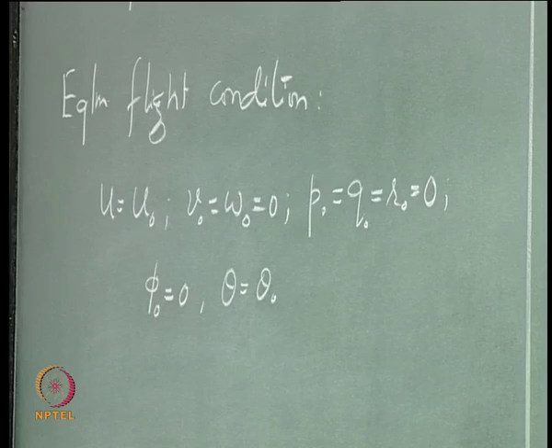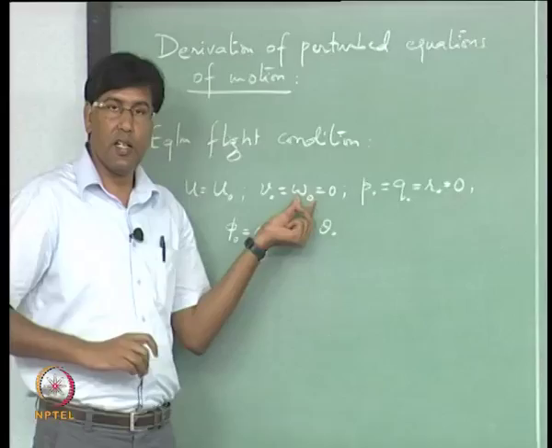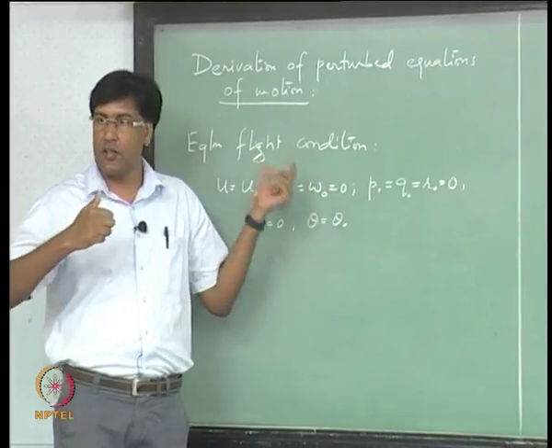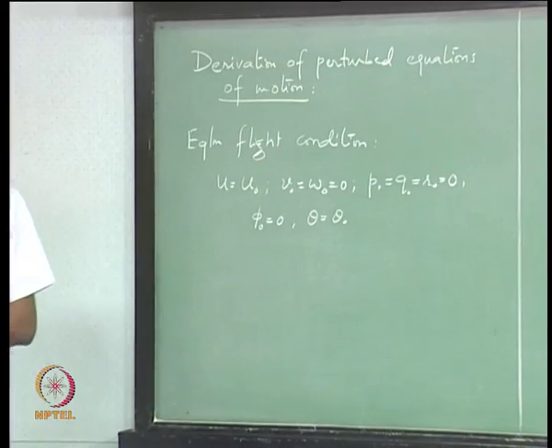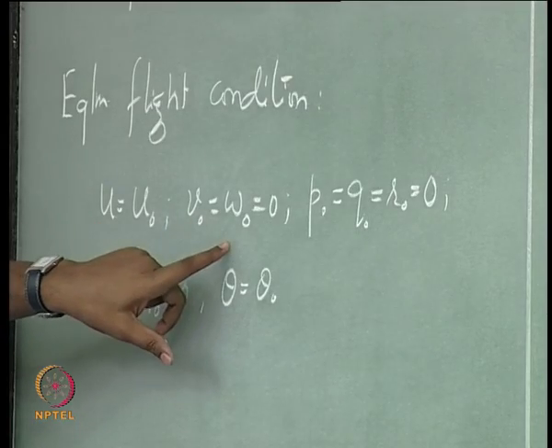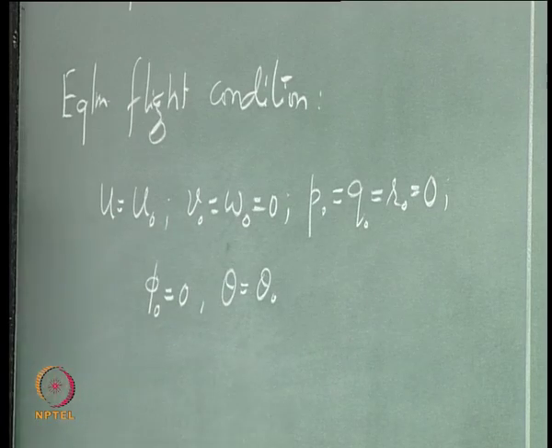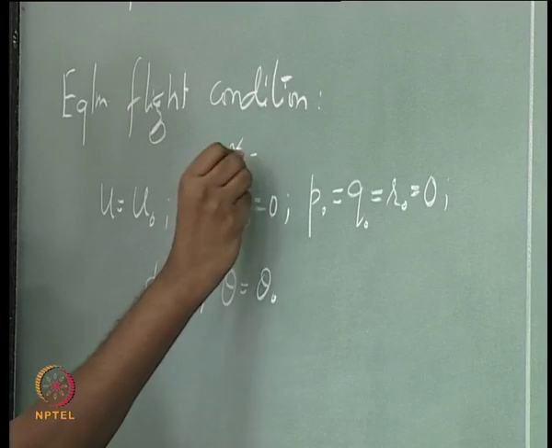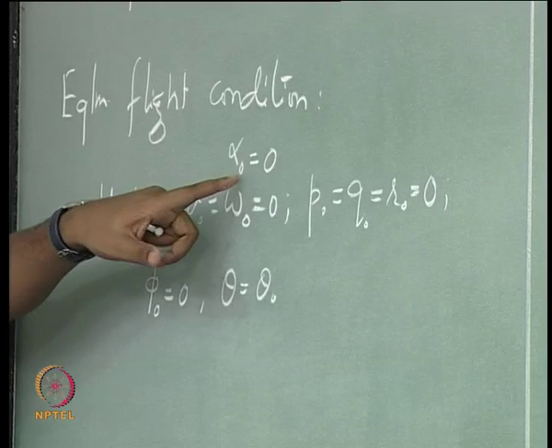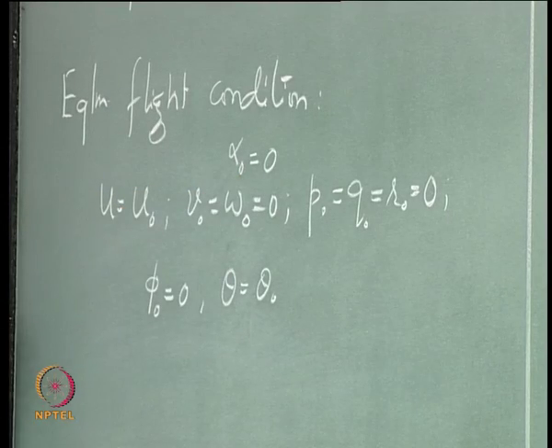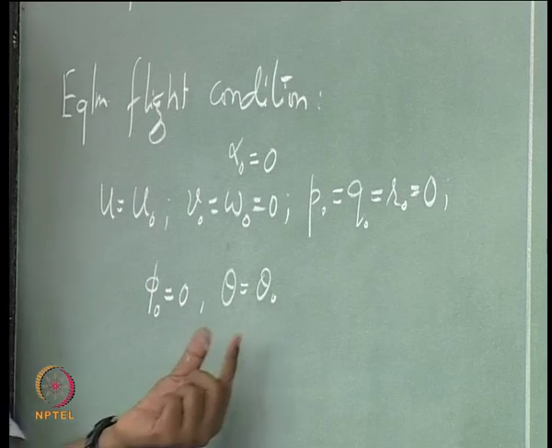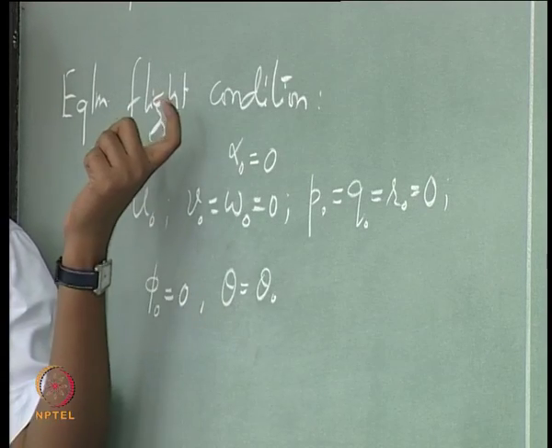Okay. So, from here you see that the angle of attack at this equilibrium flying condition is 0, because W naught is 0. This also means that alpha naught is 0. So, you understand what kind of flying condition it is. Theta is non-zero, alpha is 0.